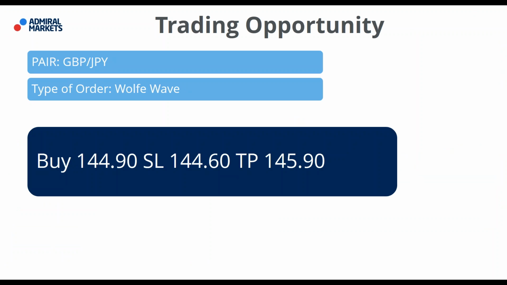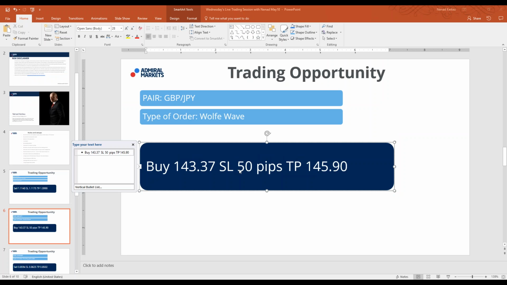So 143.37, stop loss is 50 pips. This is easy. So stop loss would be, let's say, 142.85 is okay for this trade.